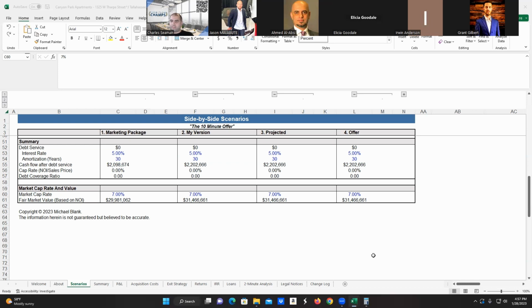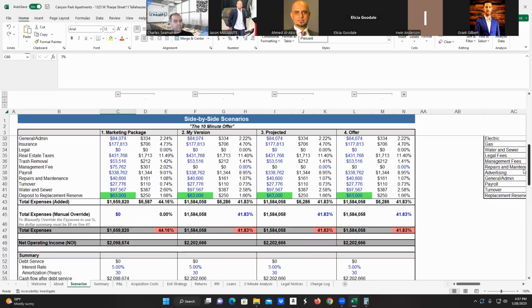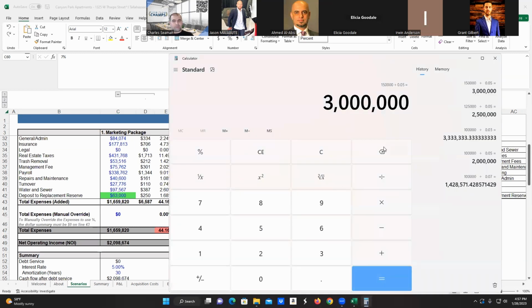Excellent. Okay, well, so we can dive back into this then. Is everybody clear on how the valuation, the NOI increase and the cap rate adjustment may factor into a property valuation? Absolutely. Okay, good.